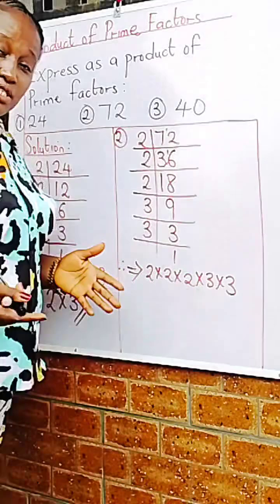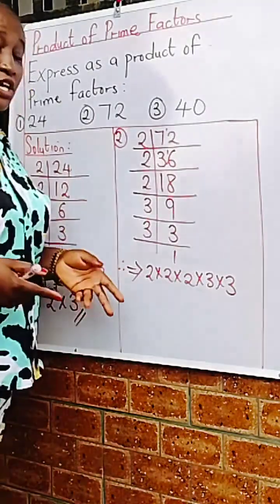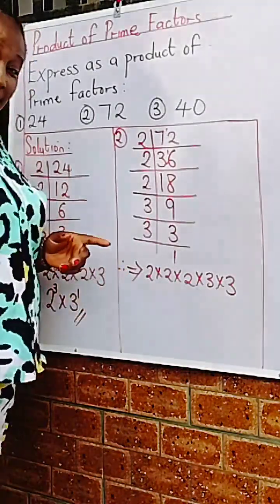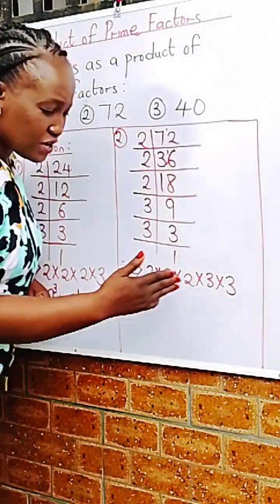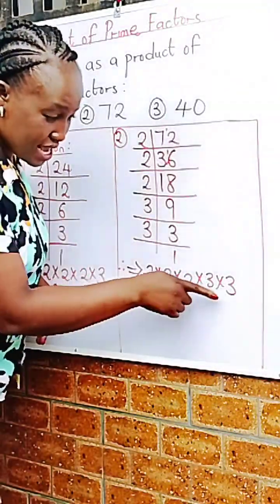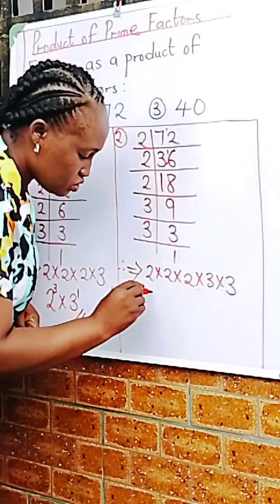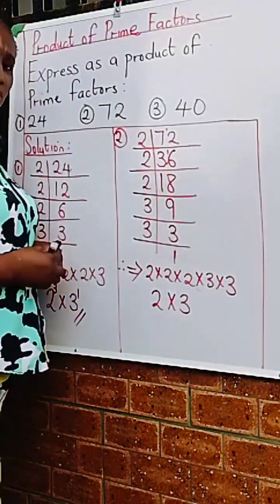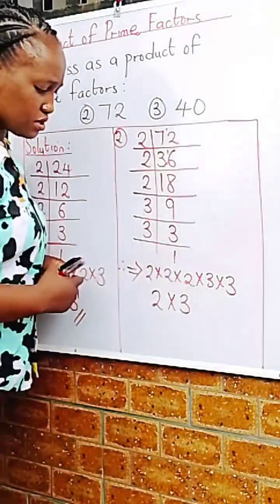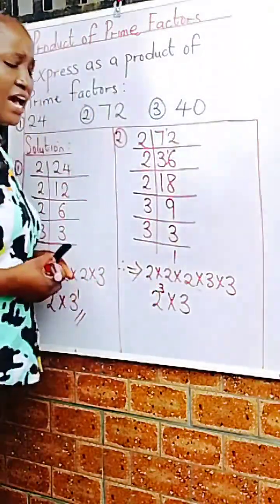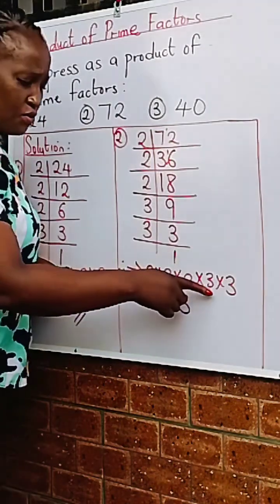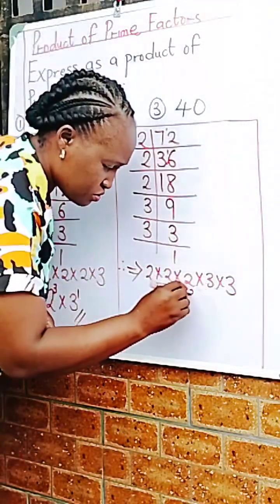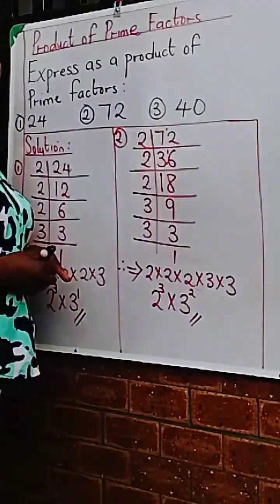In most, let me be precise, they will put it in power form, in index form. So the different numbers we have here are just 2 and 3. So we're having 2 times 3. How many times did 2 appear? 1, 2, 3, power 3. How many times did 3 appear? 1, 2, power 2. So this is your answer.